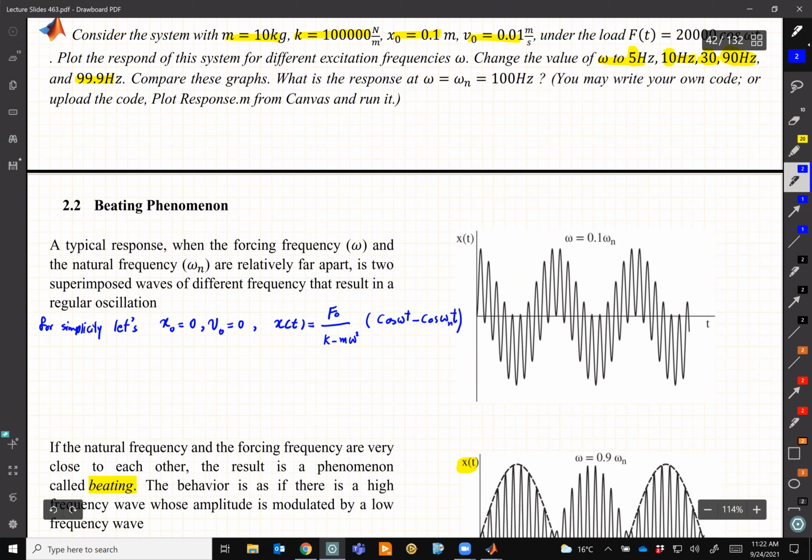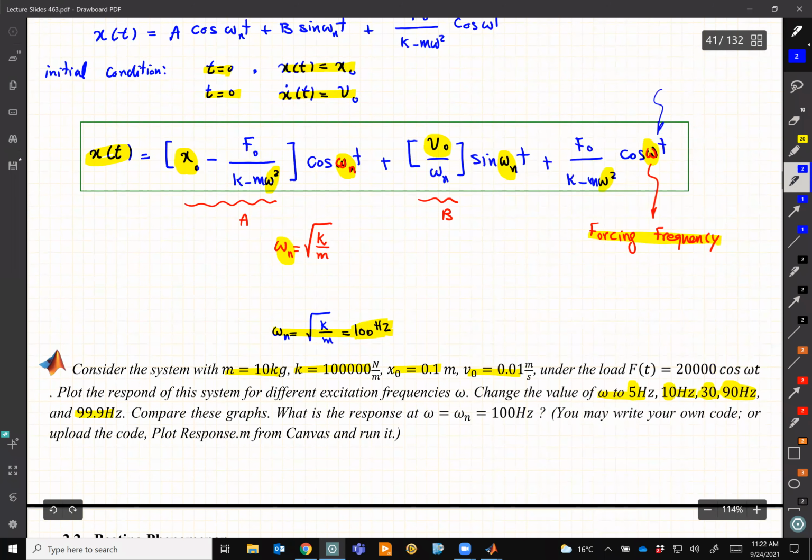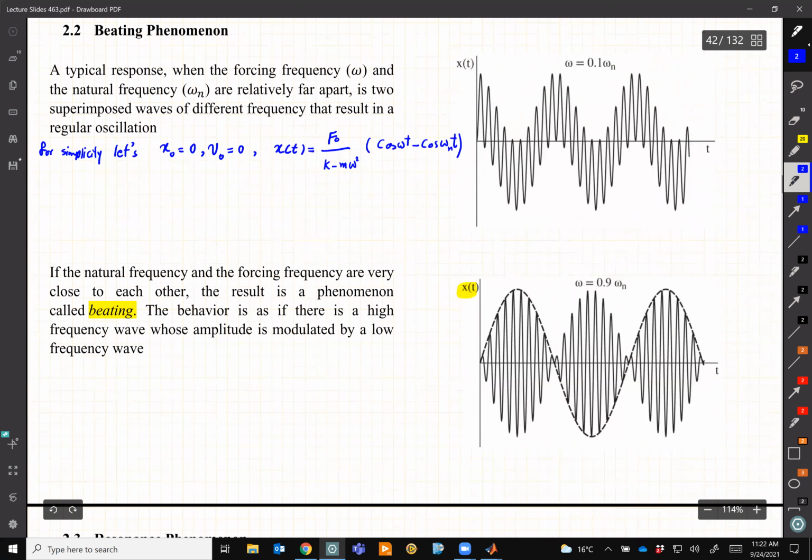I haven't done anything special. In this long equation, I just substituted x0 equal to 0 and v0 equal to 0, for the simplicity of the rest of the discussion. I hope I didn't do the math wrong. Yep, that's correct. So this is negative, this is positive. So this is my response.